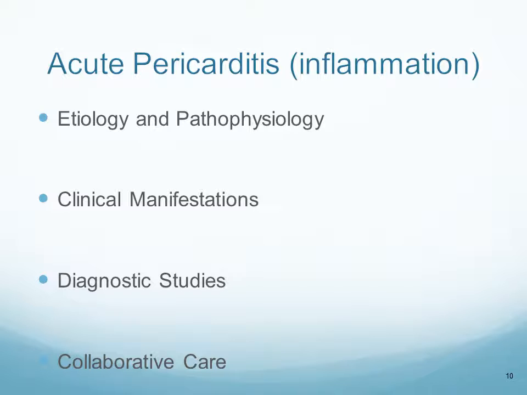And the person will probably have some fever and malaise. We will also hear a pericardial friction rub. It may or may not come and go. We can hear it best when the person leans forward. We listen on the left sternal border, which is the place that we can hear it the best.